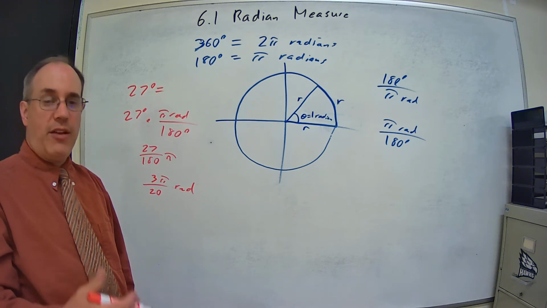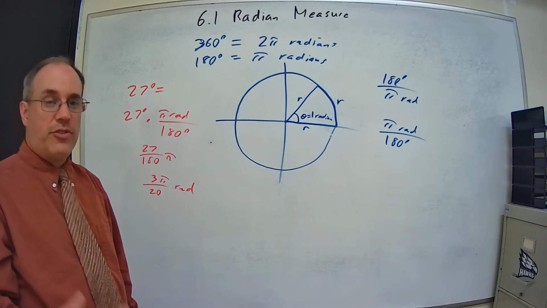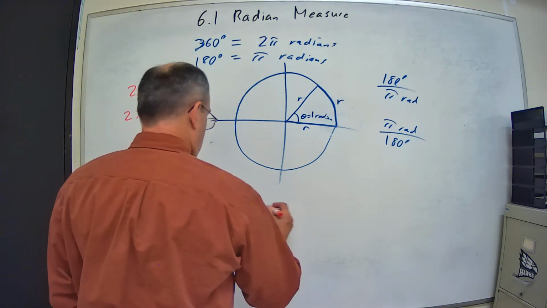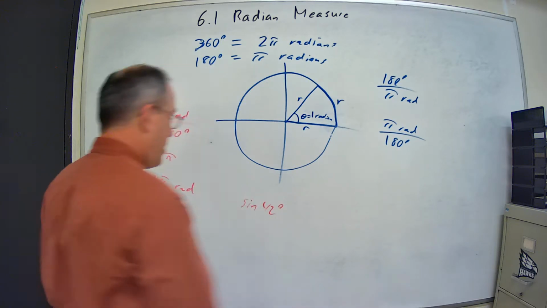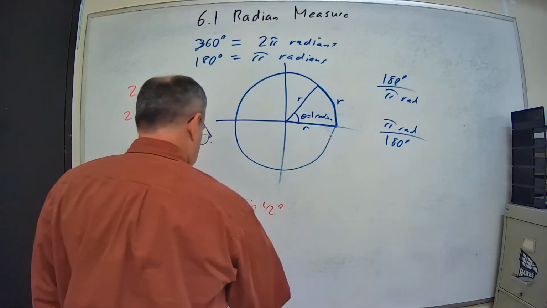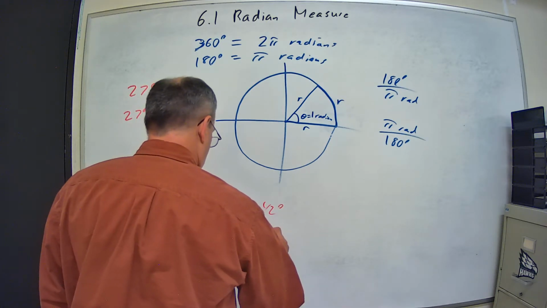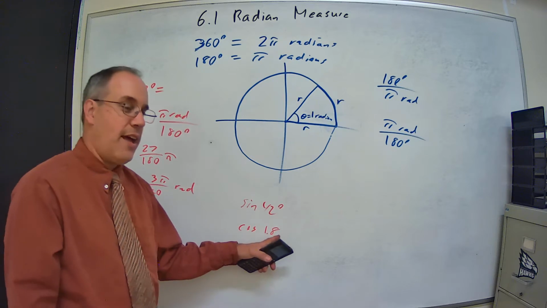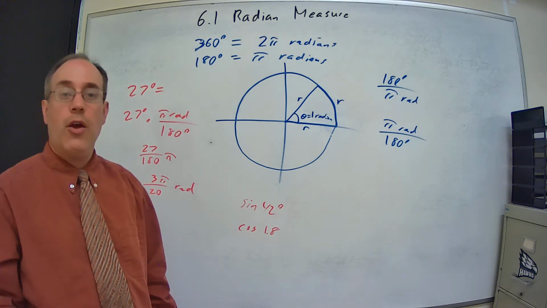If you have an angle measure that is in radians, you can just give the measure. So if I ask for the sine of 42 degrees, that's in degrees. If I ask for the cosine of 1.8, since it does not have degrees, then it's assumed to be radians.